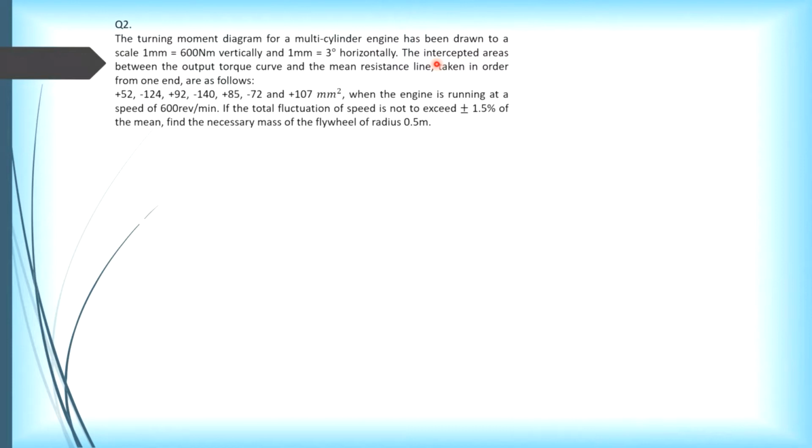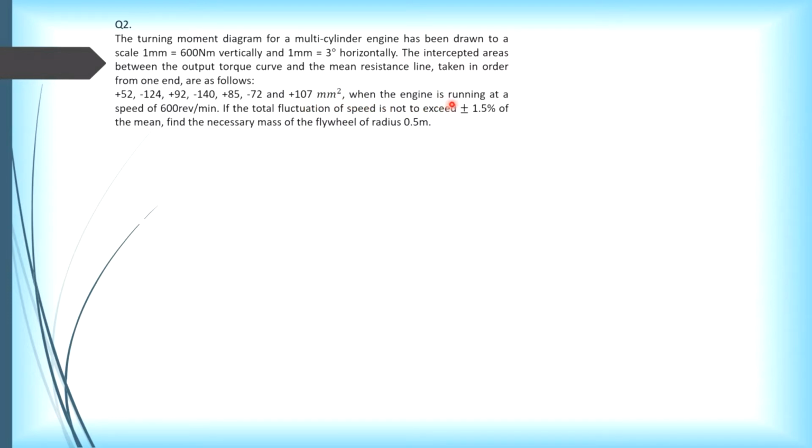The intercepted areas between the output torque curve and the mean resisting torque line, taken in order from one end, are positive 52 (above), negative 124 (below), positive 92 above, negative 140 below, positive 85 above, negative 72 below, and positive 107 above.